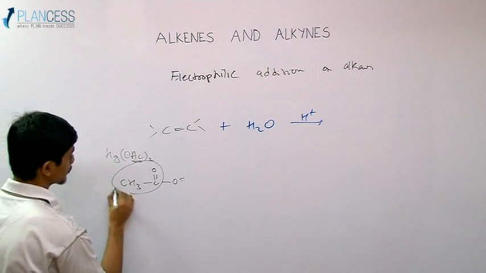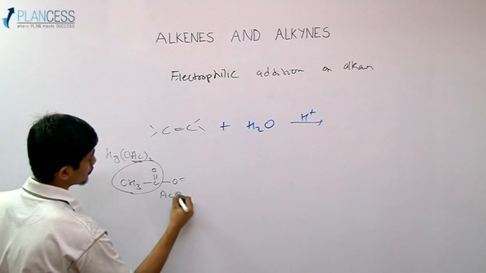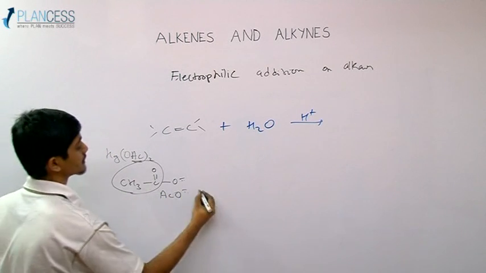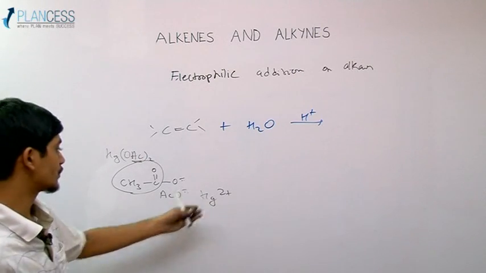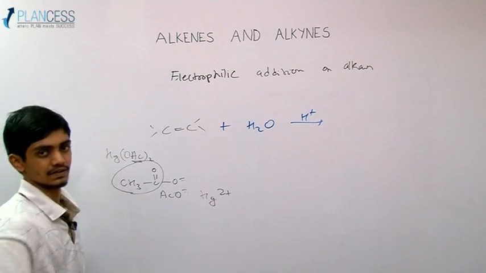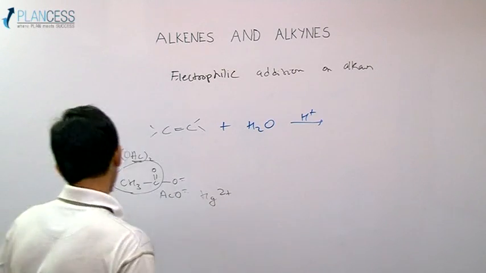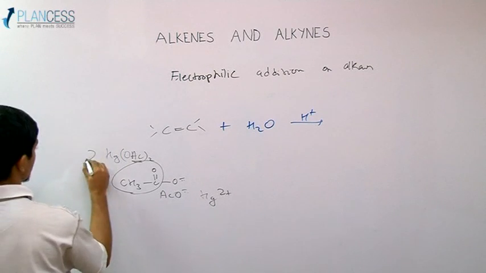This is called the OAc group. So OAc minus twice means this must be Hg2 plus. So this is the second type of reagent.